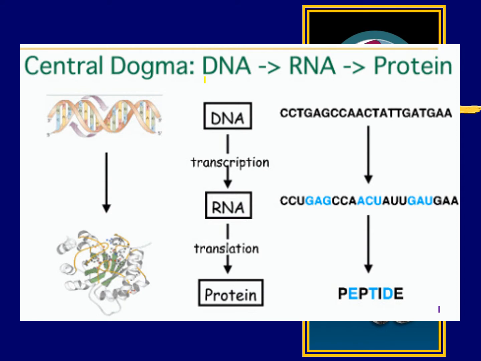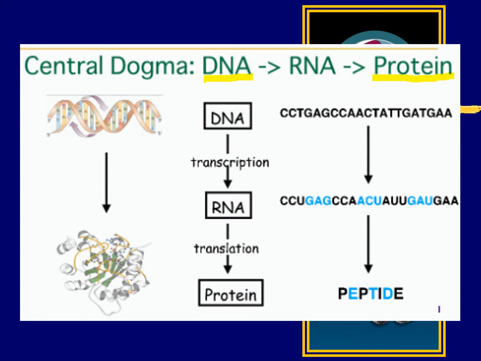So from our work on DNA, we saw that a DNA molecule may consist of coding segments and may also consist of non-coding segments. Those coding segments have the code or the recipe that is needed to produce a protein. However, DNA is an extremely important molecule and we don't want it to leave the nucleus because it might get damaged.